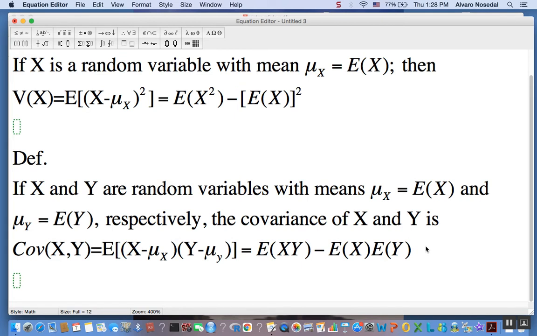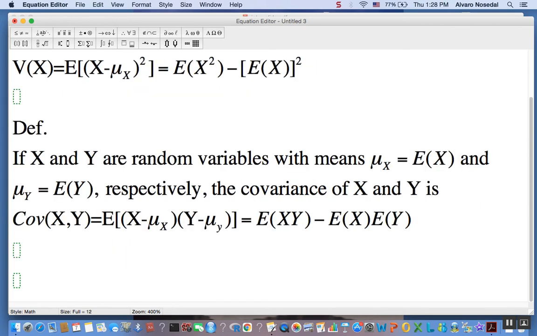So the covariance is a natural way of measuring dependence between x and y. The problem with that measure is that it depends on the units on which x and y are measured.